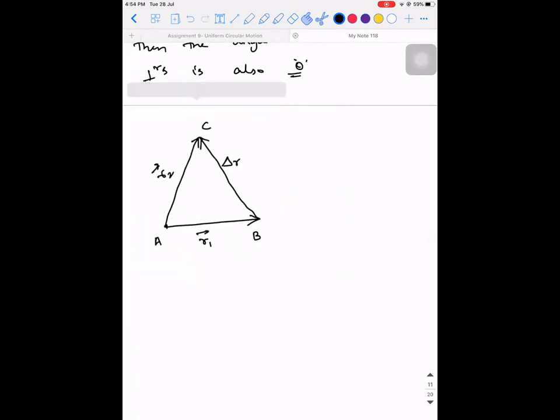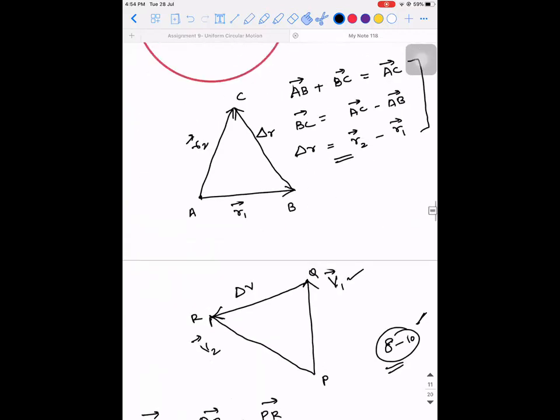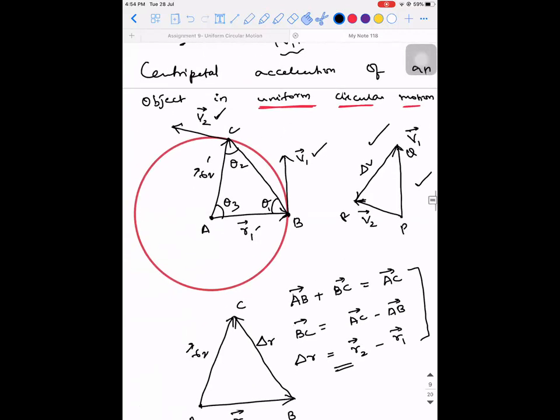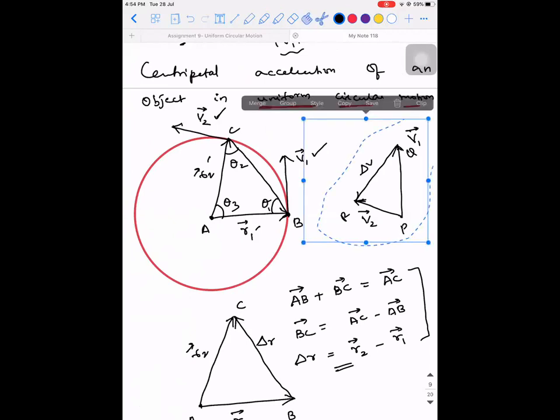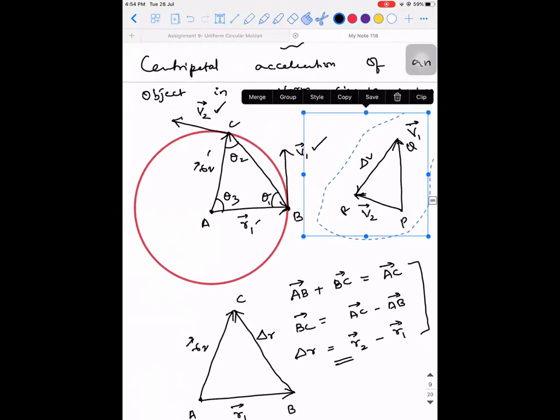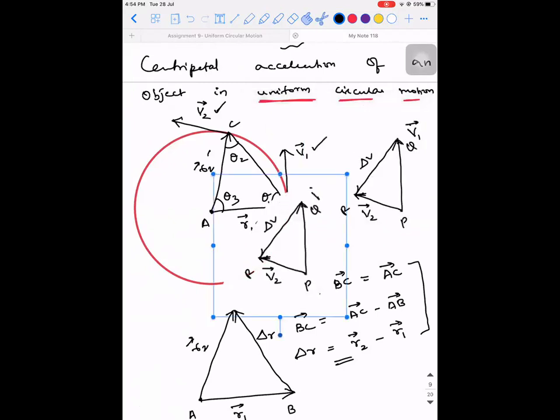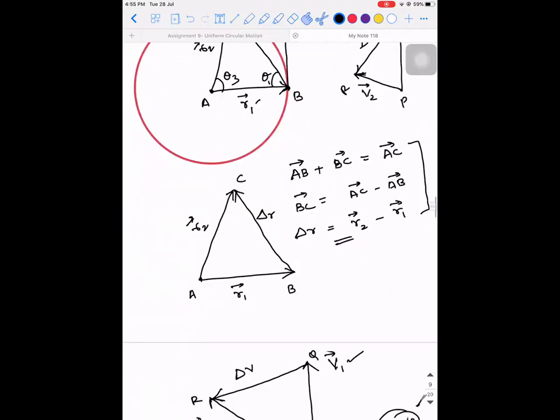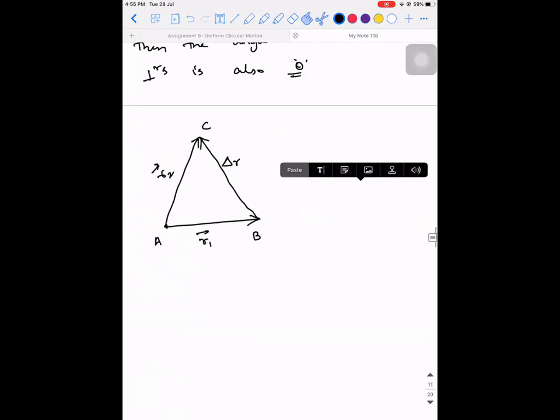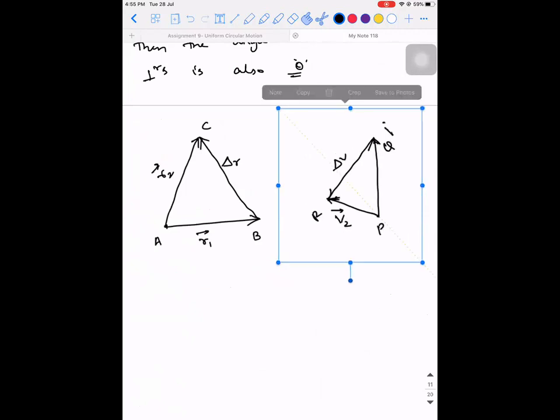So, this is the radial triangle. This is the velocity triangle.